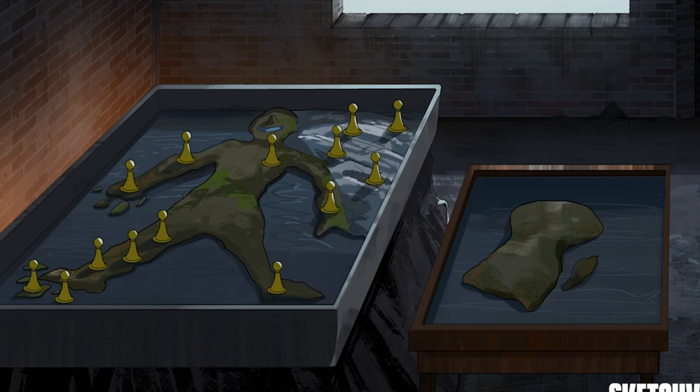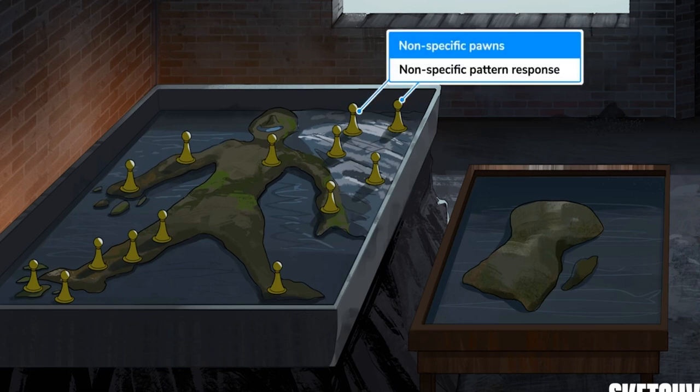Instead of being able to say, "This is a bug from the kingdom of Sketchy, and she's the fourth child of so-and-so's second husband come to overthrow the kingdom," the innate immune system just screams, "Intruder, intruder, intruder," which definitely gets everybody's attention, but doesn't tell them a lot more than something bad is happening. So this response is called nonspecific pattern recognition, and we've symbolized it with these nonspecific pawn pieces on our built-in table.